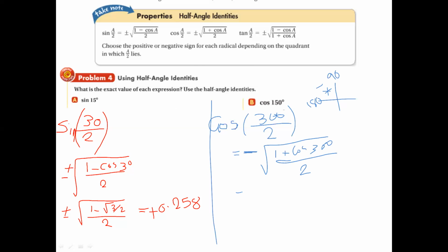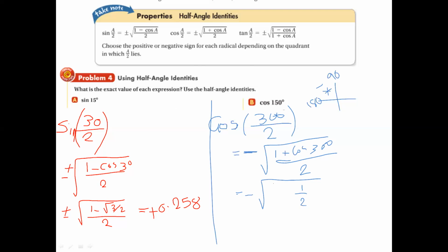Now minus the square root of (1 plus cosine 300) over 2. What is cosine 300? It is the same as cosine 60, and cosine in quadrant 4 is positive, so it will be positive 1 over 2.